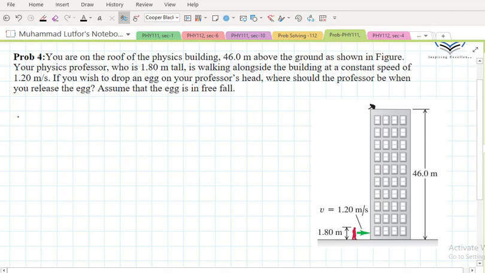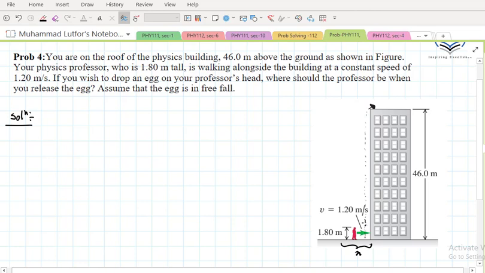We are going to deal with this by 1D motion. So the idea is, when you drop the egg, the professor would be somewhere, say over here, at some distance x. Once your egg is coming down, at the same time the professor must be over here, right?